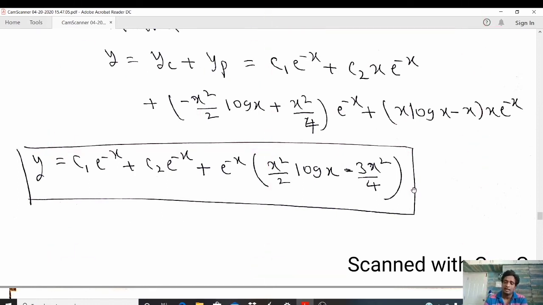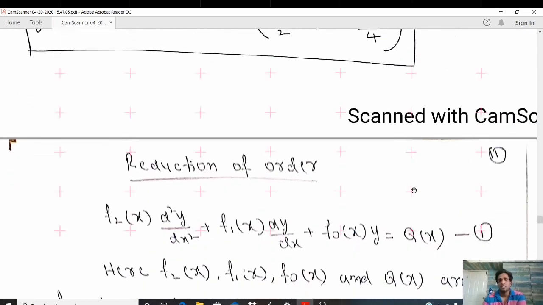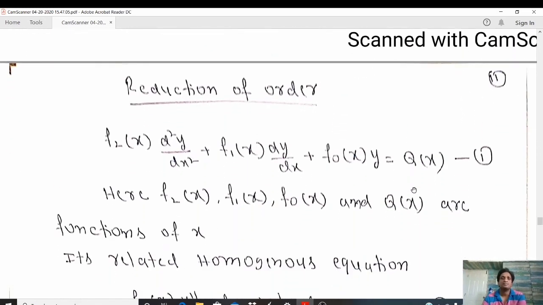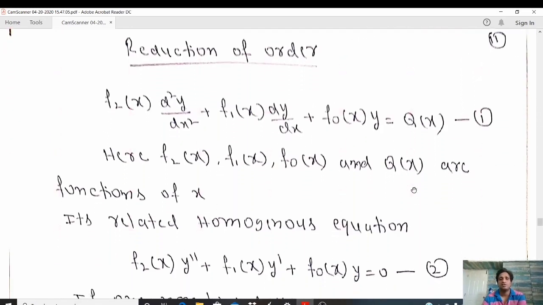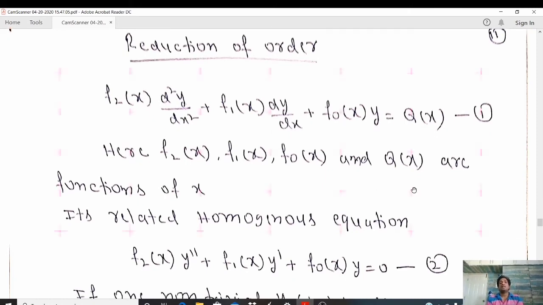Okay, and we jump to the next method, that is the reduction of order method. What is reduction of order? The name itself says we are reducing the order. In the reduction of order method, the problems give one solution, and we have to find another one by using the given one.